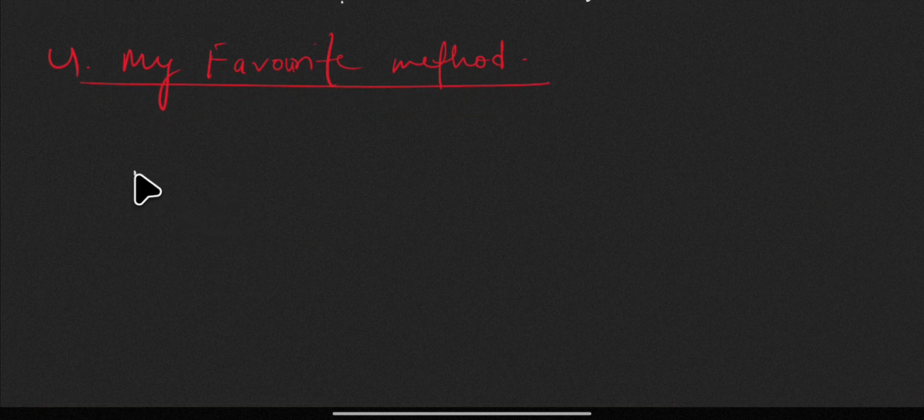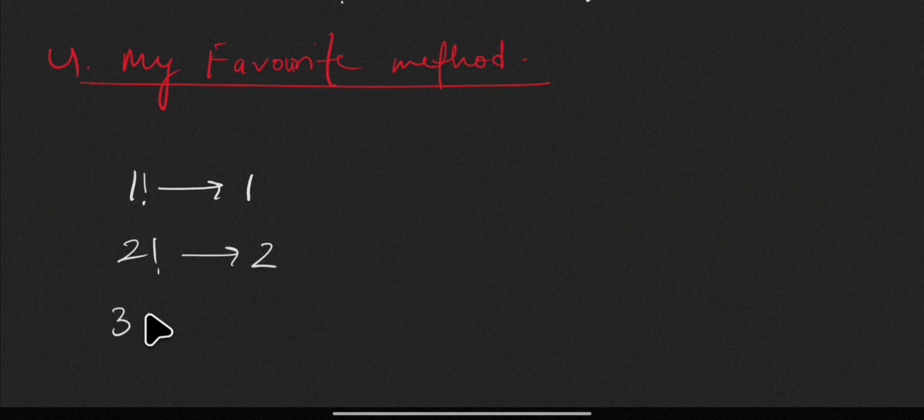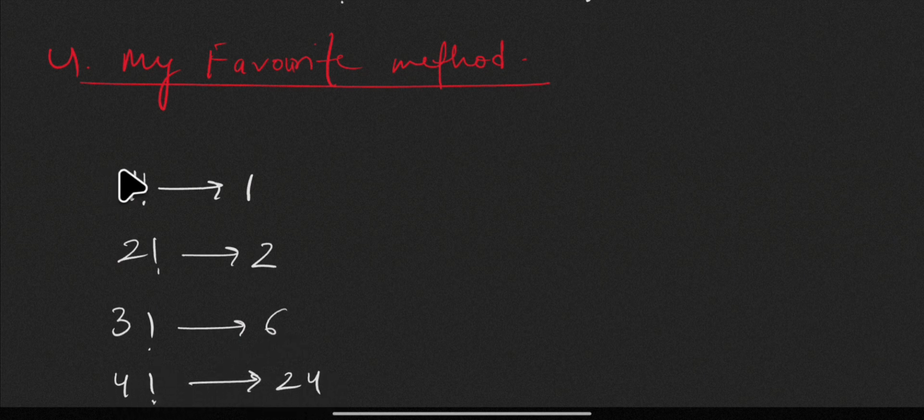We know 1 factorial is 1, 2 factorial is 2, 3 factorial is 6, 4 factorial is 24. But what about 0 factorial? I don't know what 0 factorial is, so we'll see it in some form of pattern.